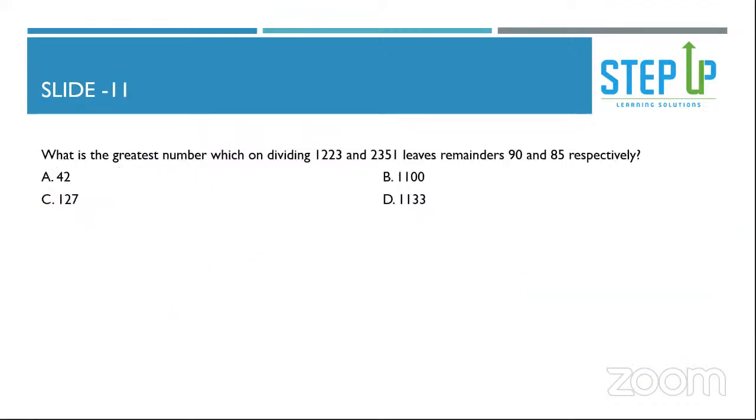Fine. Let's move to the next one. What is the greatest number which on dividing 1223 and 2351 leaves remainder 90 and 85 respectively?